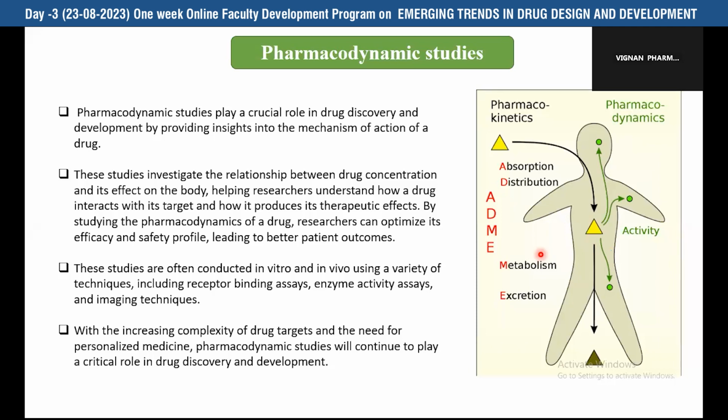Pharmacokinetic studies play a crucial role in drug discovery and development by providing insight into the mechanism of action of the drug, and whether it has reached its target. The concentration can be identified by using pharmacokinetic studies, but whether the intended effect has been achieved can be determined by pharmacodynamic studies. This is how we differentiate the identification of the concentration from the effect of a particular drug.